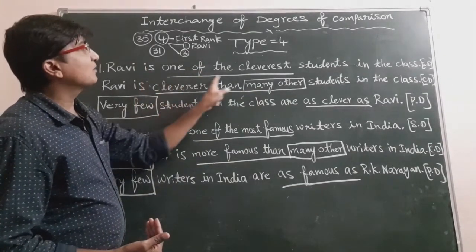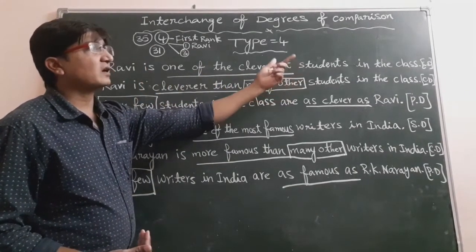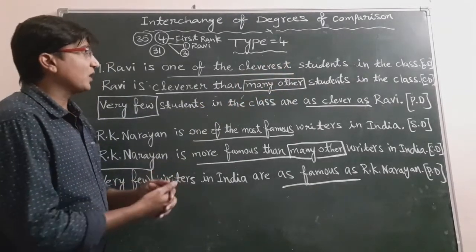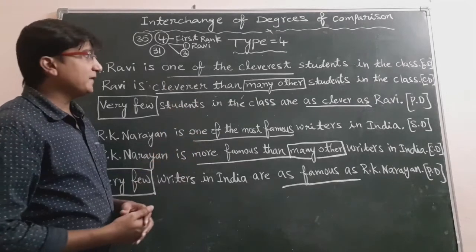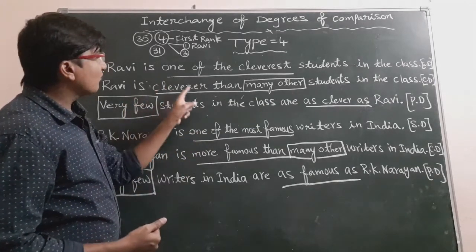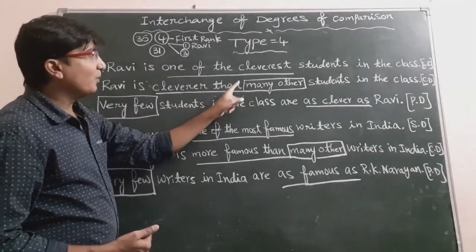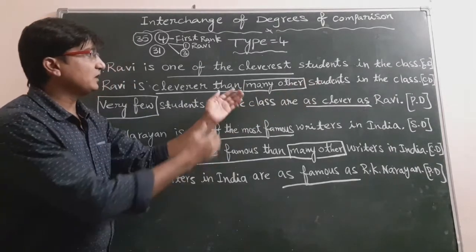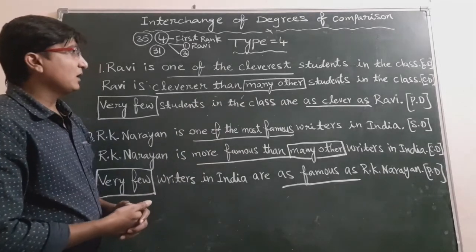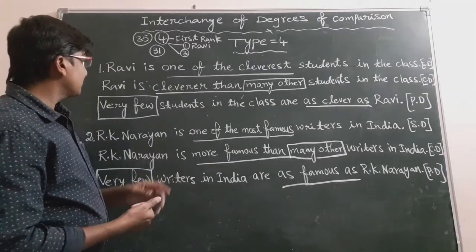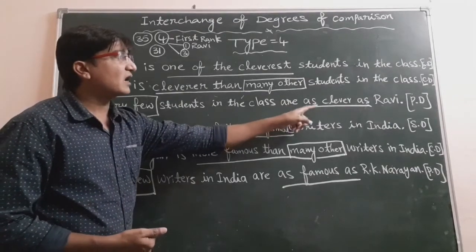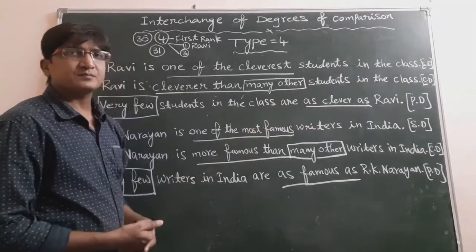Ravi is one of the cleverest students in the class, which is in superlative degree. Next one, its comparative degree is Ravi is cleverer than many other students in the class, and it is in comparative form. And its positive degree is very few students in the class are as clever as Ravi.